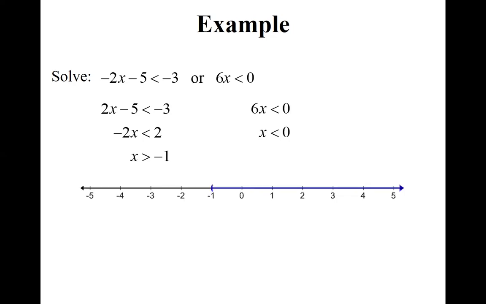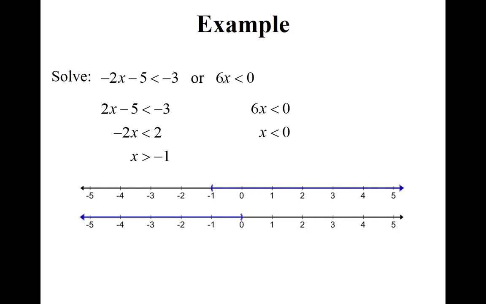So take a number line and graph x is greater than negative 1. Take another number line and graph x is less than 0. If this was an and statement, it would be the overlap. So it would be everything between negative 1 and 0.